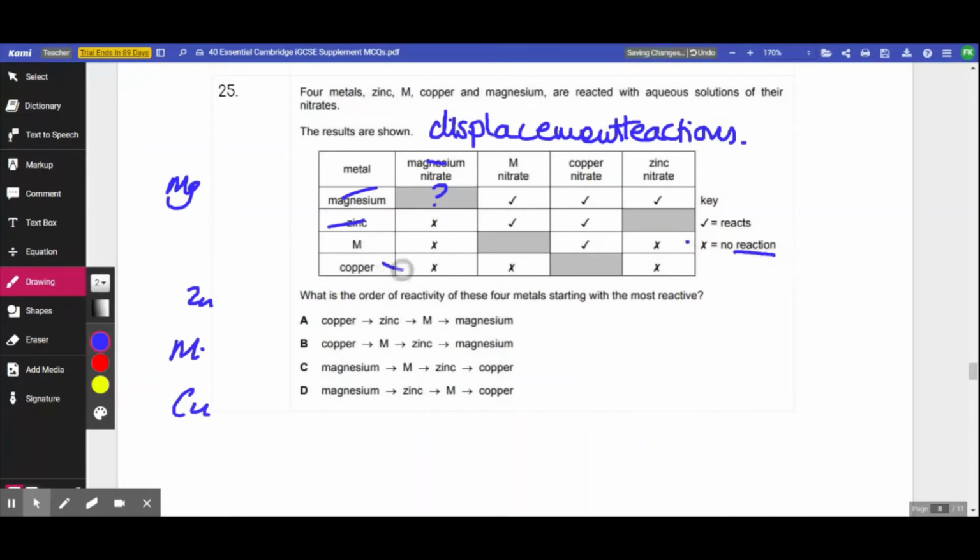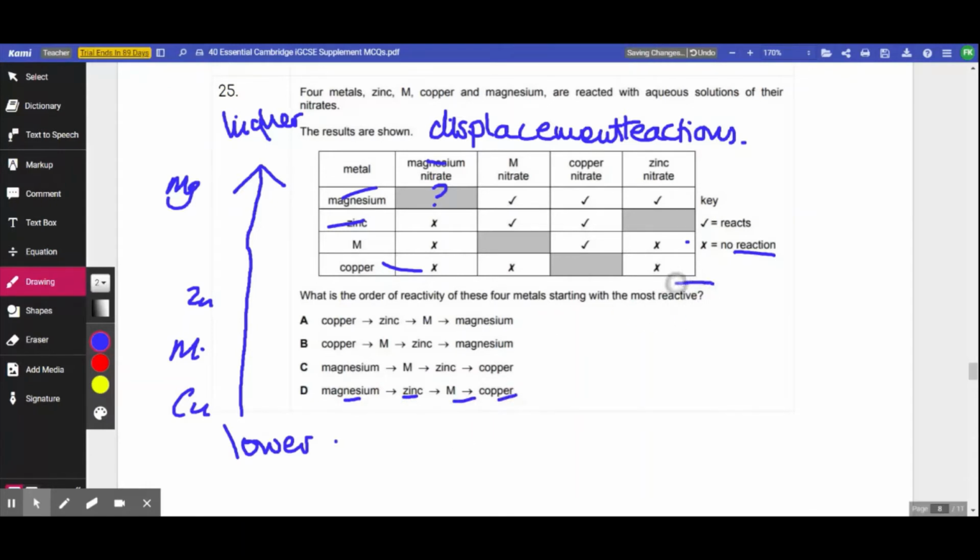Copper should not be able to displace any of these metals, because copper is at the bottom of this reactivity series. So that's higher, and that's lower. So I think we've got our order here. It should be magnesium, zinc, M, and copper.